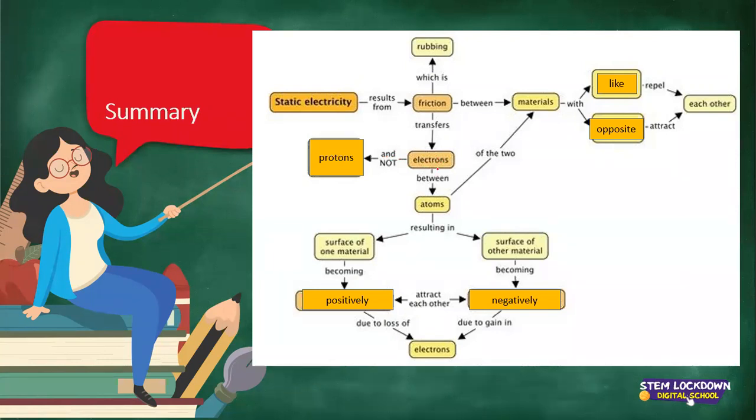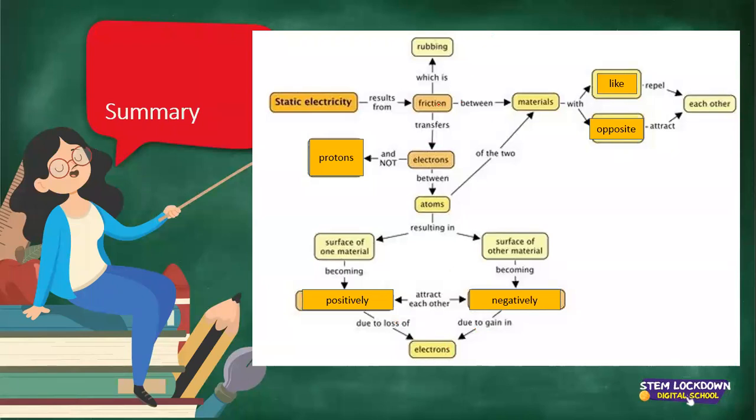It transfers electrons between atoms, resulting in the surface of one material becoming positively charged and the surface of another material becoming negatively charged. Positive and negative charges attract each other, and this is due to a gain or a loss of electrons.